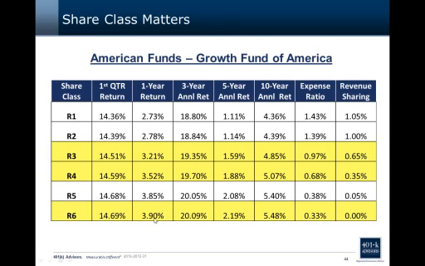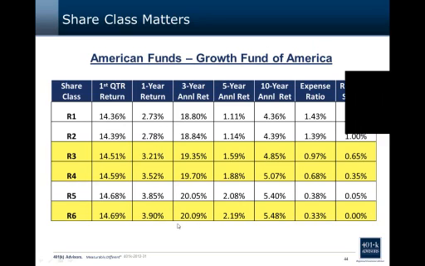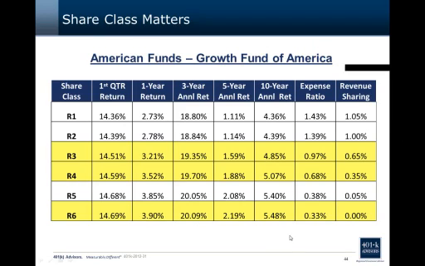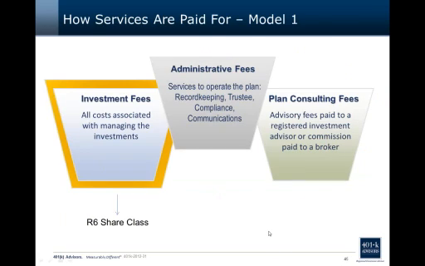That's a significant difference. So choice of share class has a significant impact on what ends up in the participant's pockets. If you want to do what's best by the participants, you'll do the R6 share class. But more often than not, plan sponsors want to pass a portion of the record keeping and other expenses on to participants, and the way they do that is have funds that have some revenue sharing to cover those costs.